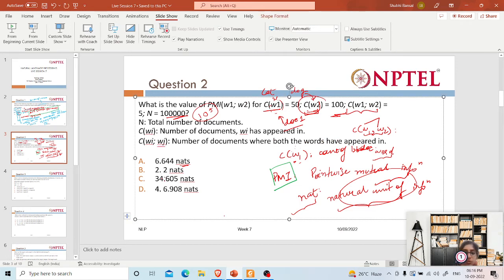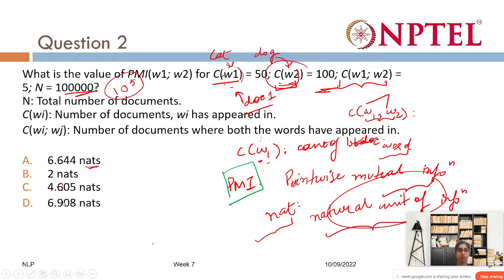Please read this option as 4.605 and this as 6.908. Little typo here, and this is 2.2 nats, that is 2 natural units of information. Please read the options as such. There was a little typo in the options.